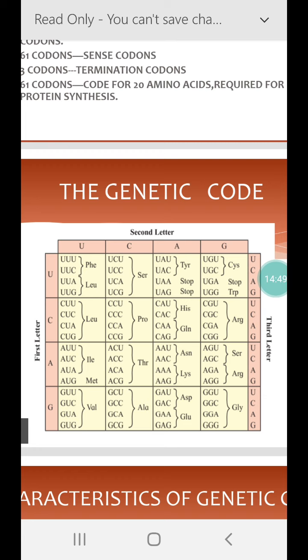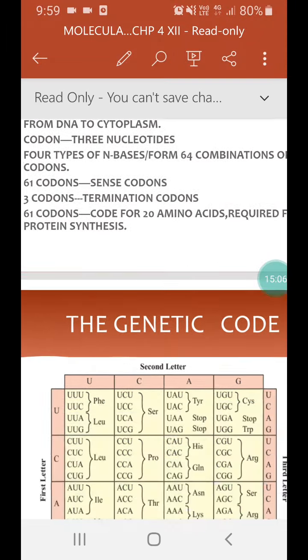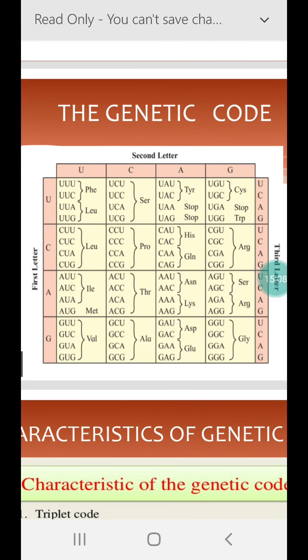So if you combine 3 in the first box, UUU, UUC, UUA and UUG, they code for 2 amino acids. UUU and UUC are for phenylalanine, and UUA and UUG are for leucine.